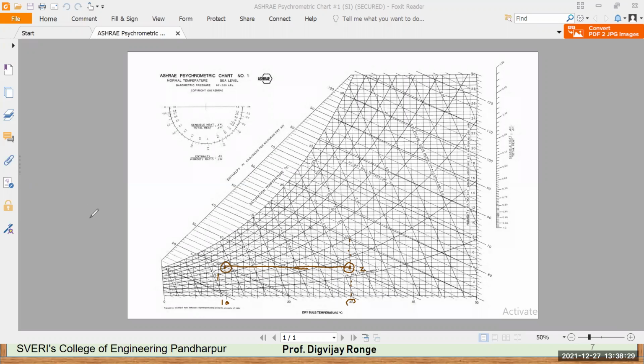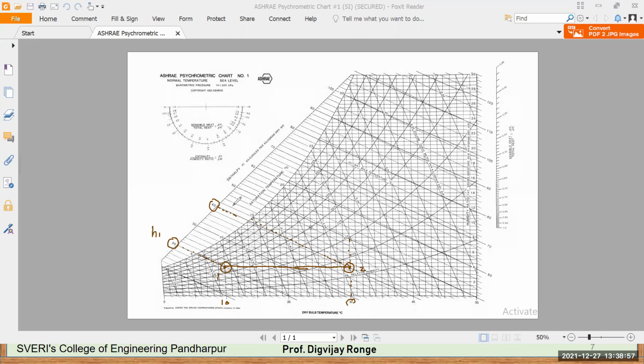Now how to obtain the enthalpy? I just have to go in the inclined direction from point 1. So this will give me a 20 kilojoule per kg enthalpy. So this is my H1. How to get the H2? Again here I have a clear and distinct line, and that is 40 kilojoule per kg.